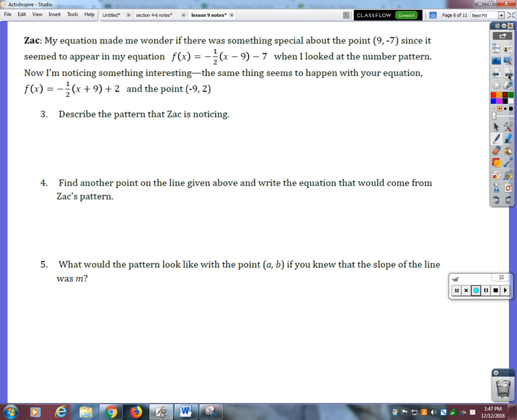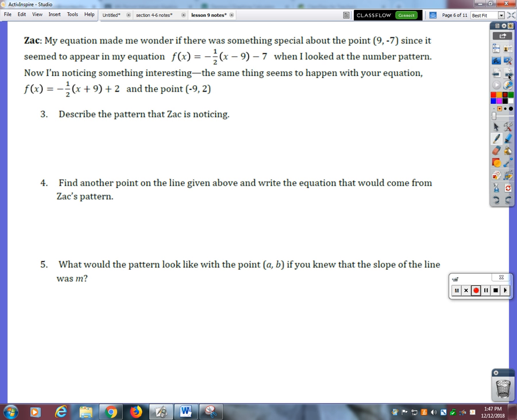I'm afraid things are about to get a little crazy and unnecessarily so, but let's see where this takes us. Zach says, my equation made me wonder if there's something special about the point 9, negative 7, since it seems to appear in my equation, x minus 9 minus 7. Huh. Yeah. Now I'm noticing something interesting. The same thing seems to happen with your equation.